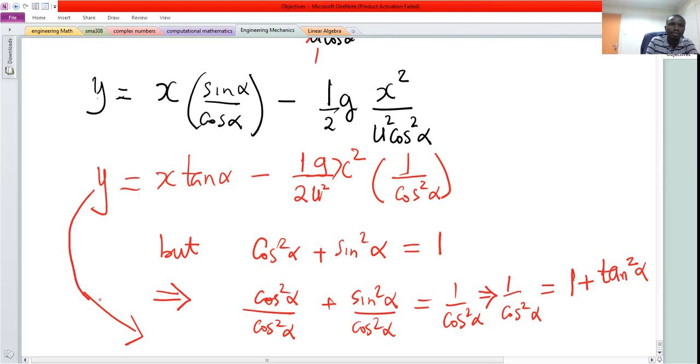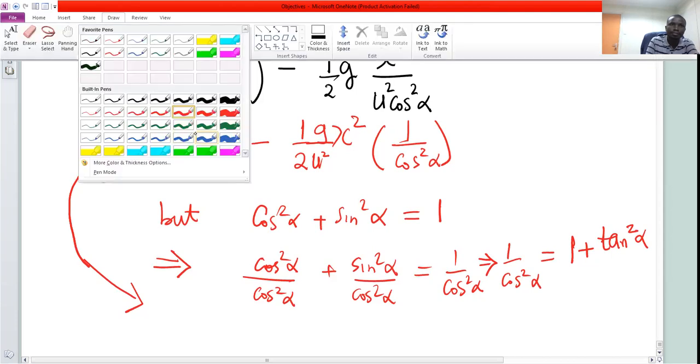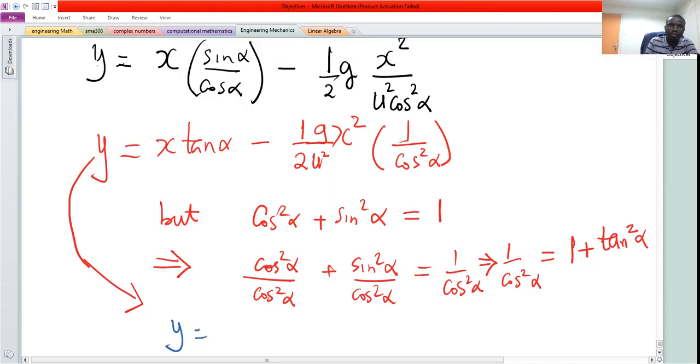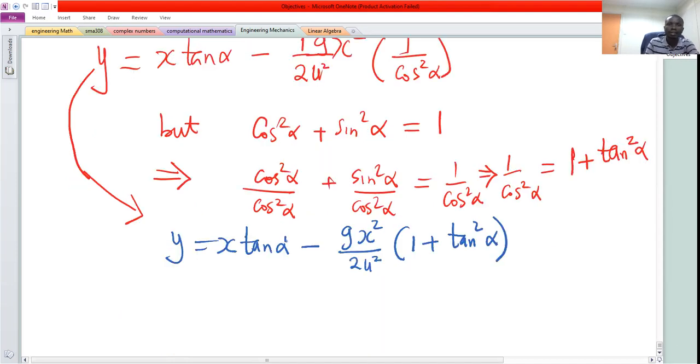So from this equation here, we'll have y equals to x tan alpha minus gx squared over 2 u squared into 1 plus tan squared alpha. And that is what we were supposed to prove, that y is given by x tan alpha minus gx squared over 2 u squared into 1 plus tan squared alpha.